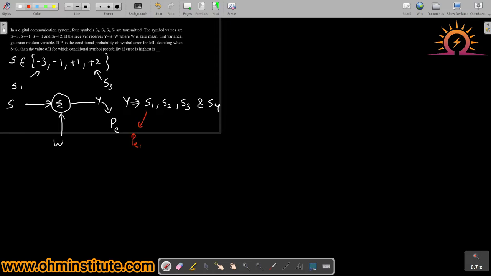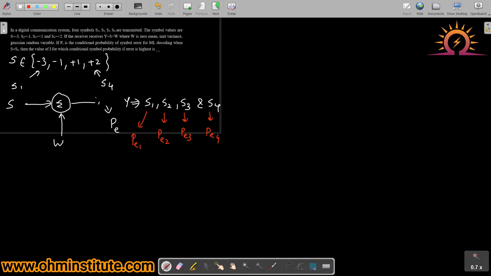That is PE1, PE2 when S2 is transmitted, PE3 when S3 is transmitted, PE4 when S4 is transmitted. In fact, this symbol here is S4. Now, the question asks you to find that particular symbol which has the highest conditional probability of error.